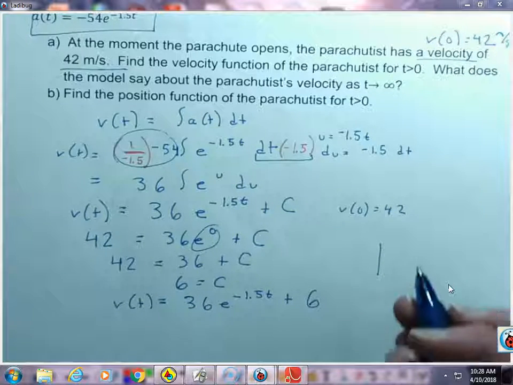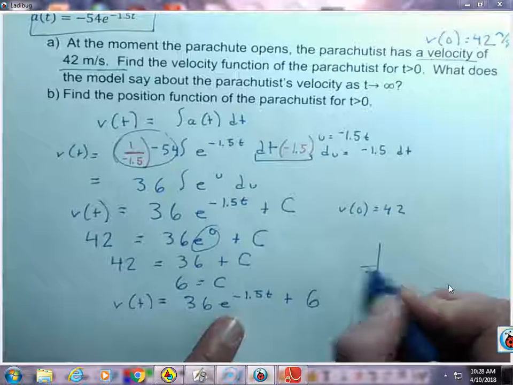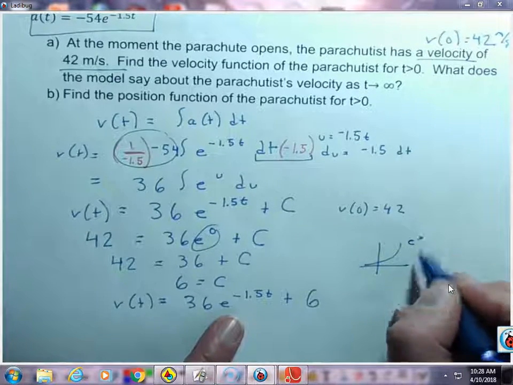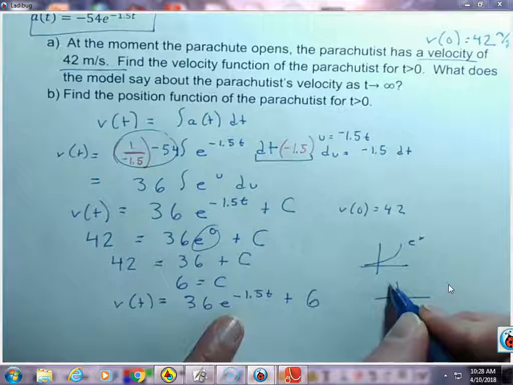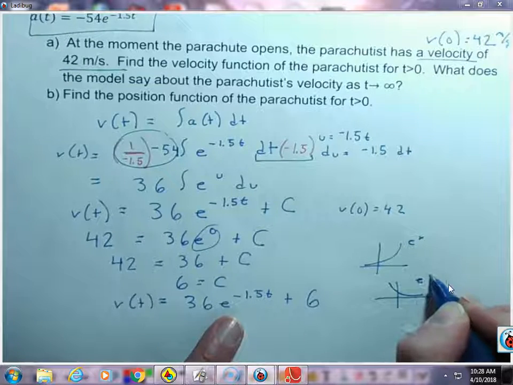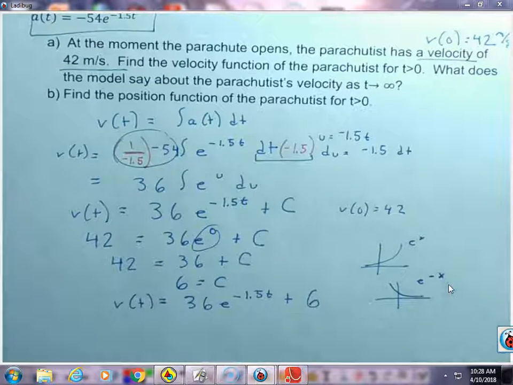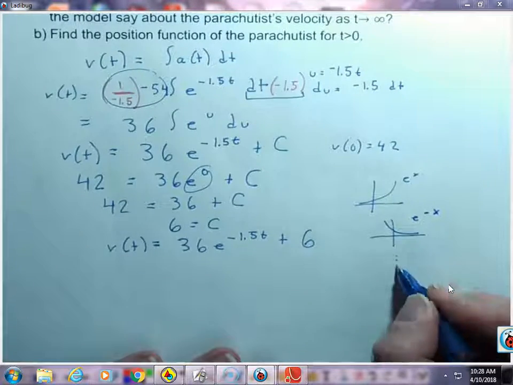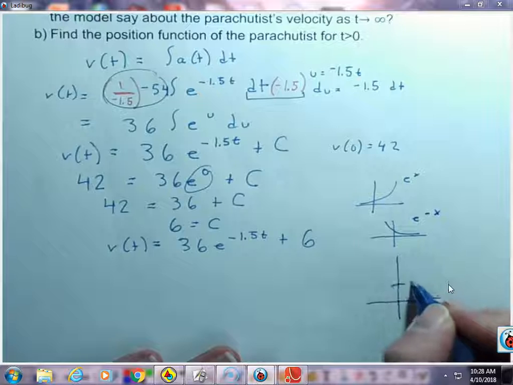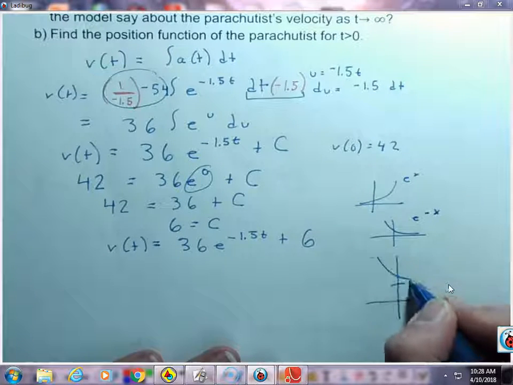If we think about what this looks like, we know this is e to the x, and this is e to the negative x. So what would e to the negative x plus 6 look like? Move it up 6, so it would just look like this.